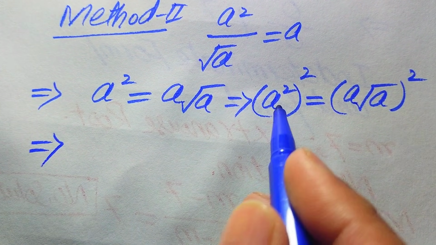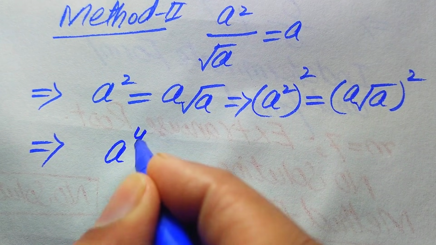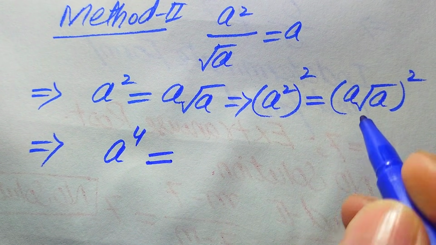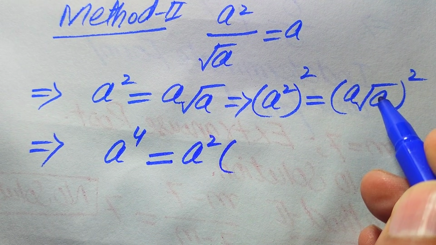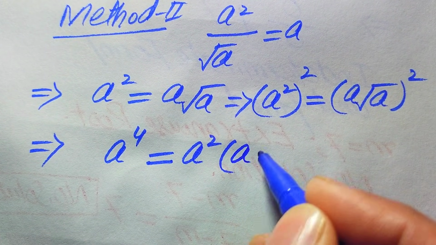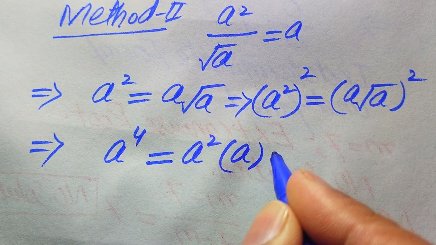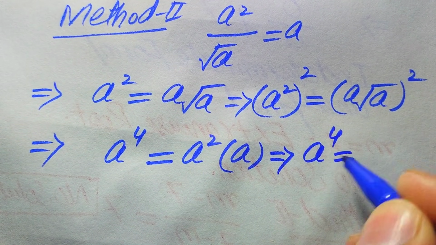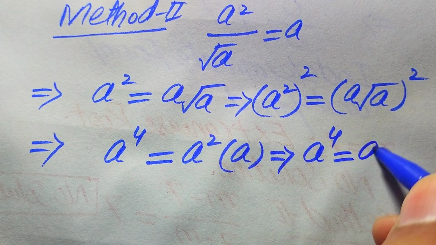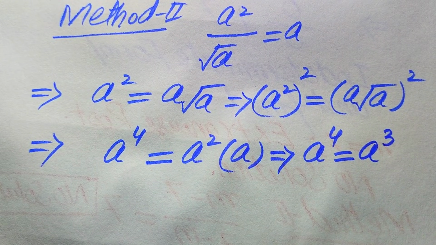And in the next step, a squared and its whole square becomes a to the power of 4, equals a squared, and the square of square root of a is cancelled out, and we get only a. This implies that a to the power of 4 equals a squared multiplied by a, which becomes a cubed.